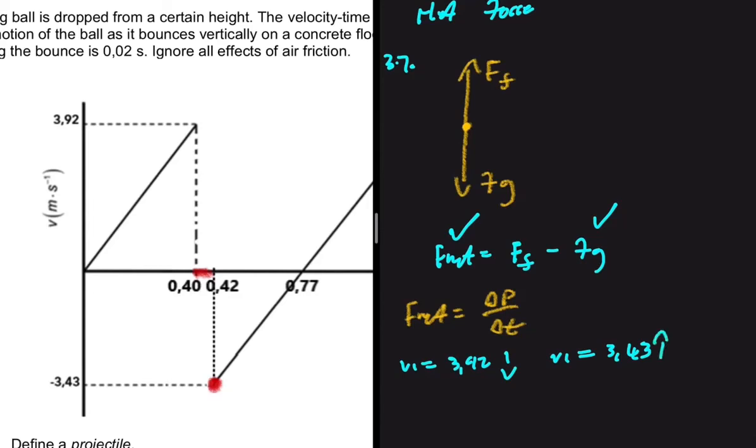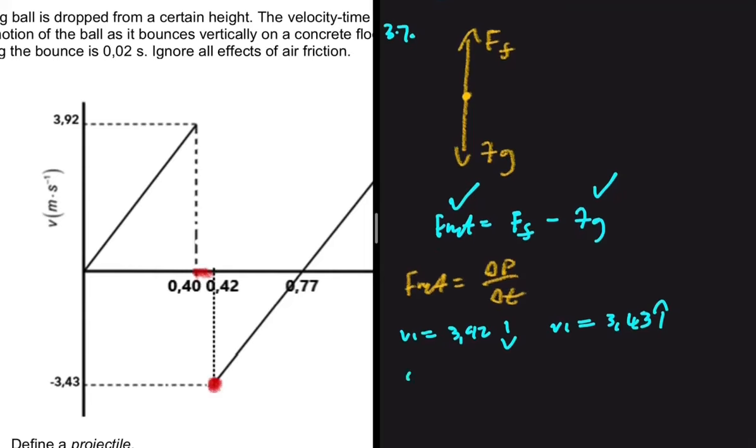So that will be essential when we choose which direction we take as positive and which direction we take as negative. And obviously our change in time is 0.02 seconds. So that seems like we have F net covered. We know that the mass is equal to 50 grams.